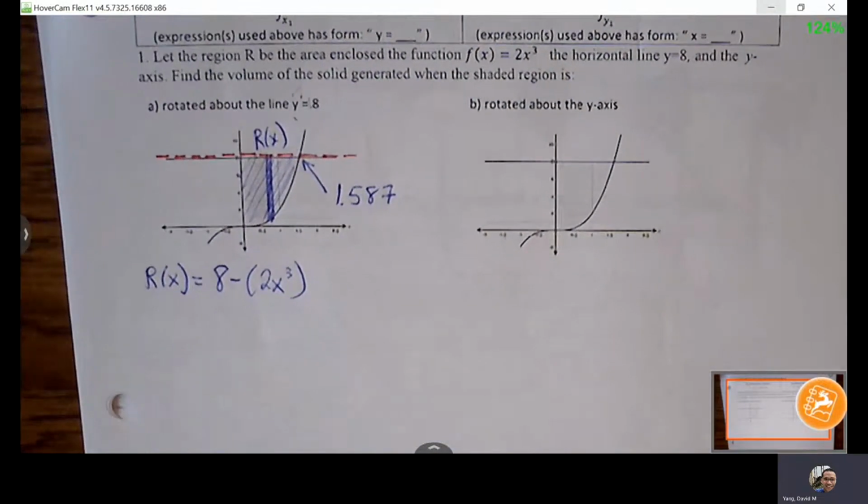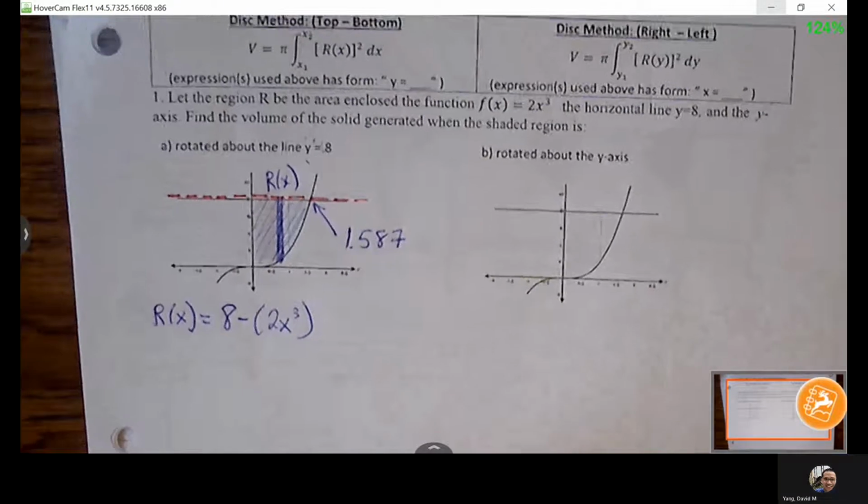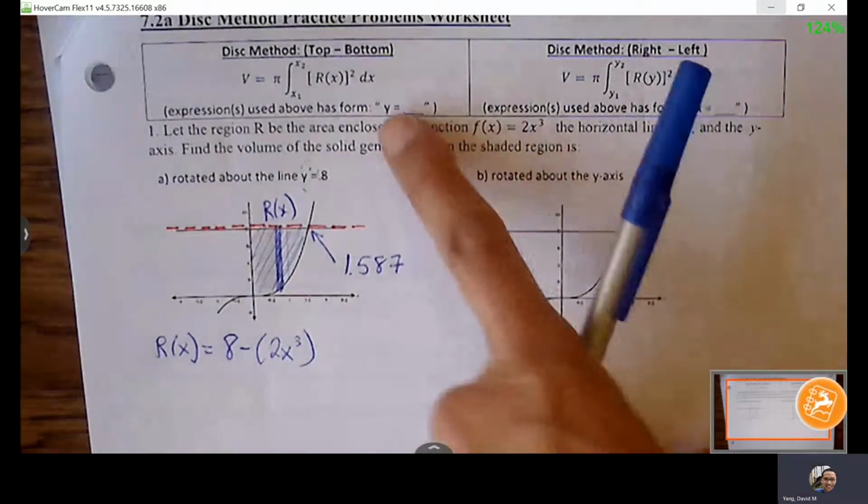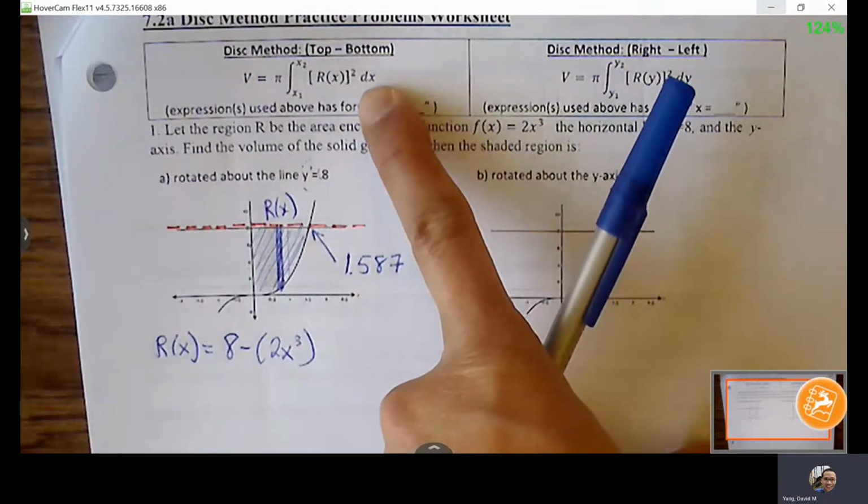Okay, looks like everything that we need is found, so we can work in our volume formula here.